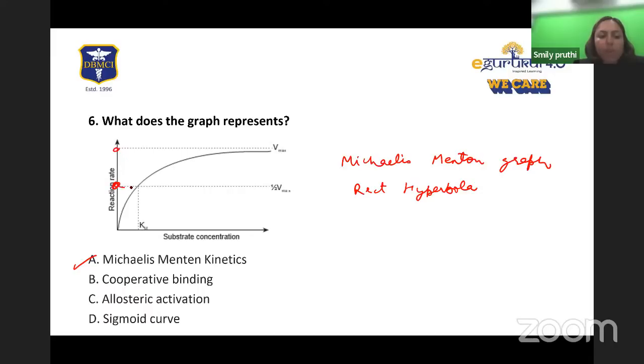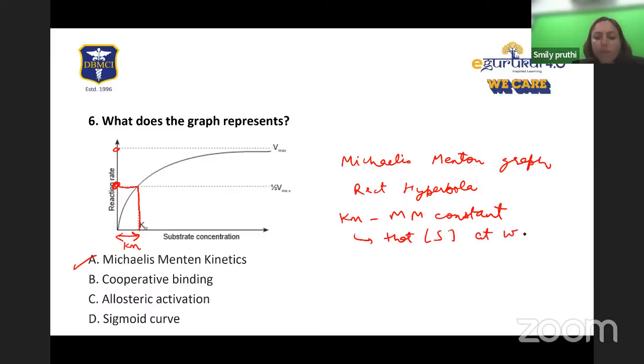If this point, half of Vmax, is extrapolated towards the x-axis, then this value is Km. Km is Michaelis-Menten constant. Km is that substrate concentration at which velocity of reaction is half of Vmax, right?